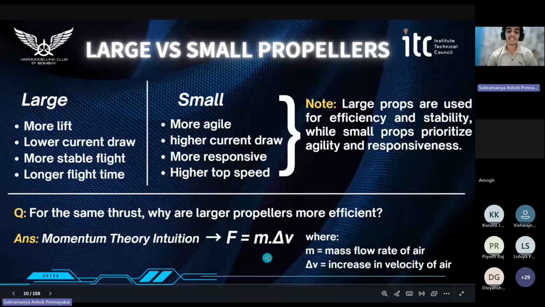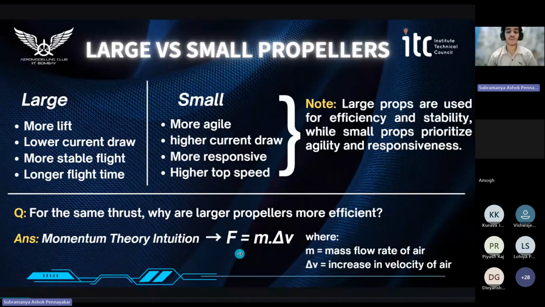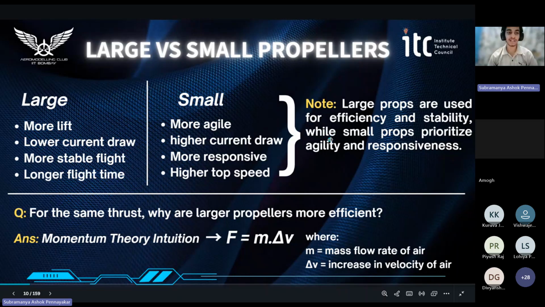But the second one consumes a lot of energy because to change the velocity of the air, you need to borrow voltage from the battery. But in the first option, a larger propeller can achieve this, as it can increase mass flow rate of air since it has larger area and can sweep a larger amount of air. So yes, that's the reason why large propellers are more efficient.